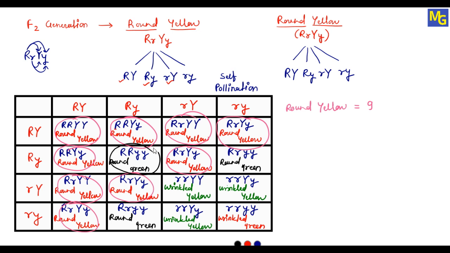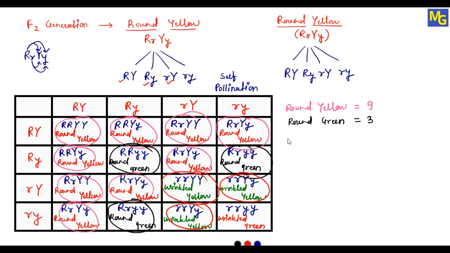Now next we will see that is round green. So this is round green, this is round green and this is also round green. So I'll write it here round green. And here how many we got? We got 3. So now I will move with the next, that is the wrinkled yellow. So wrinkled yellow, wrinkled yellow and wrinkled yellow.